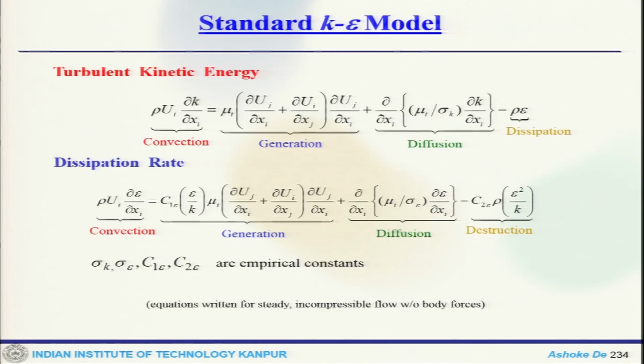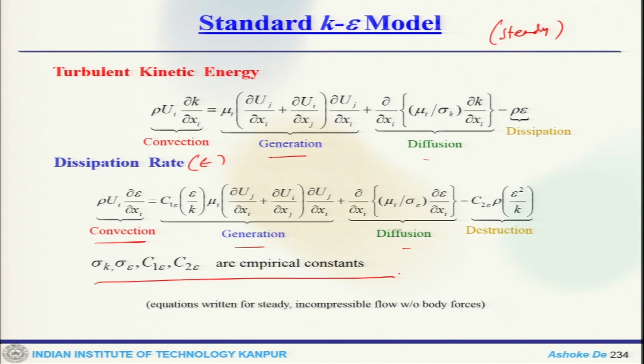Now, if you look at the standard k epsilon model, which we have already looked at, this is the convection term, this is the production term, the diffusion term and the dissipation term. This is in a steady situation, and for the dissipation rate, which is the solution for epsilon, this is the convection, generation, diffusion, and these are the model constants.